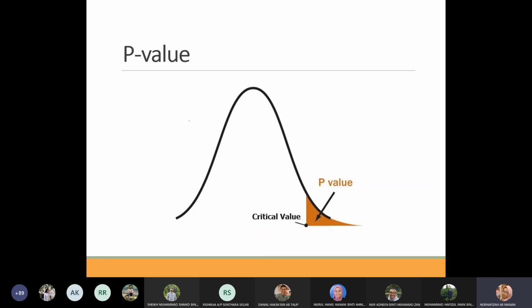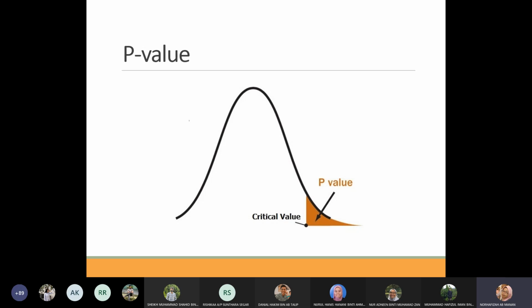So before we do the statistical test, we set the significance level first, and from the significance level we know the critical value, if we are doing the classical method.